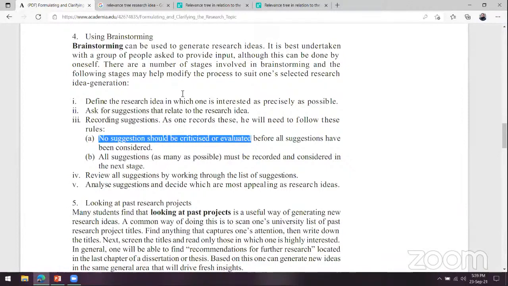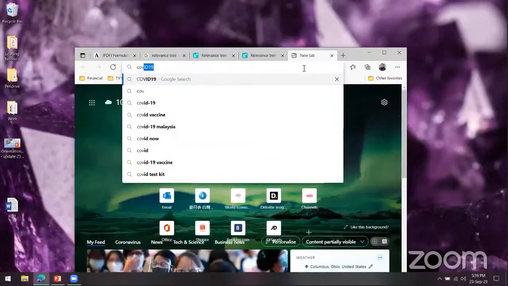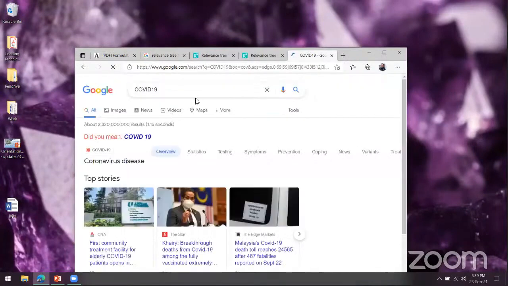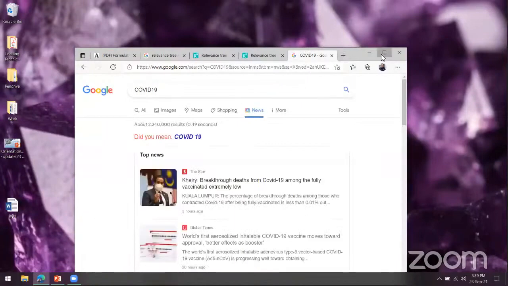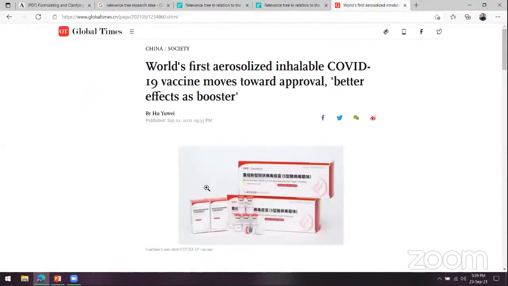So for example, just now, we see the COVID right now, right? The COVID-19, the news, right? And after that, we found out that right now people can go for inhale instead of the booster, correct? And this is something very new. Okay, don't criticize first. Don't say, oh, this is expensive lah, this is very slow lah.